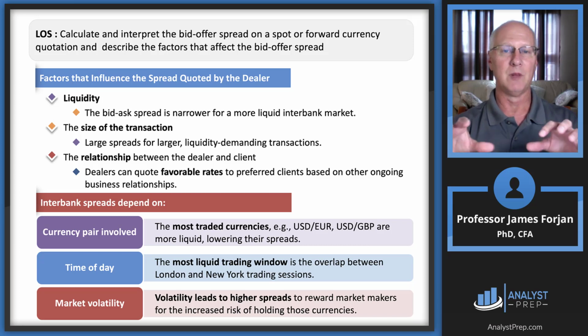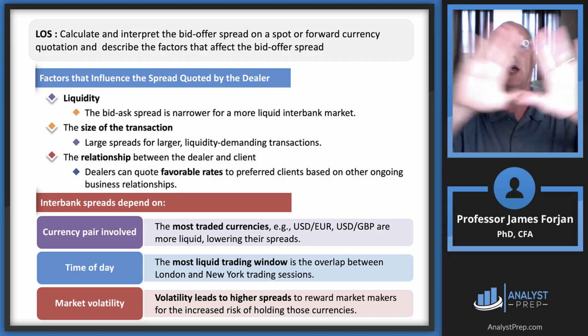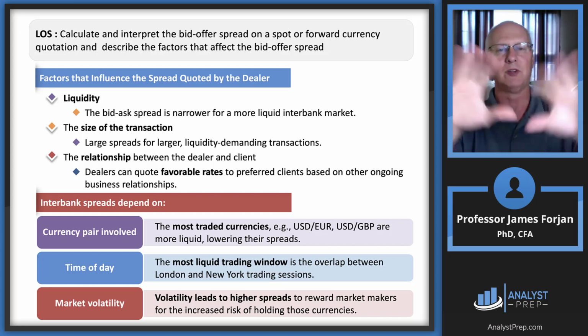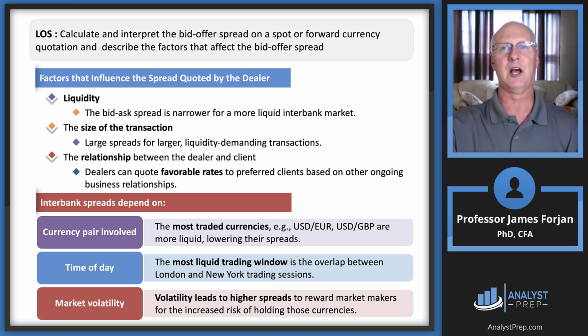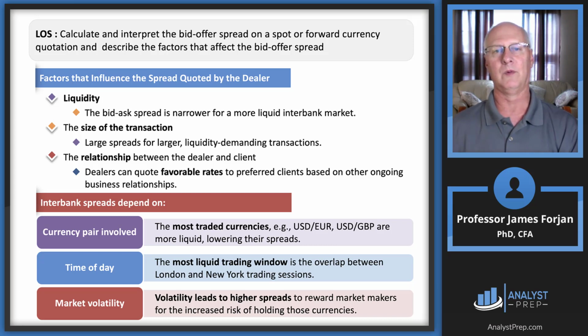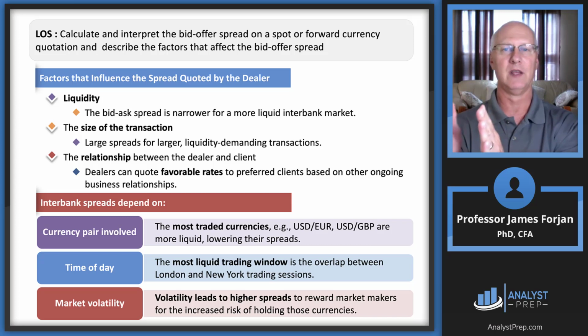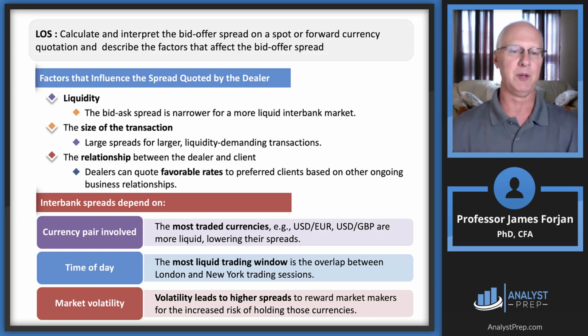But as I'm looking at this LOS as a potential question, I can see where the CFA Institute might say something like, okay, here's a couple of countries, maybe they'll make up some countries, and here's their time zones. Which time of day would result in the spread being at its most narrow, and just go find the overlapping period.